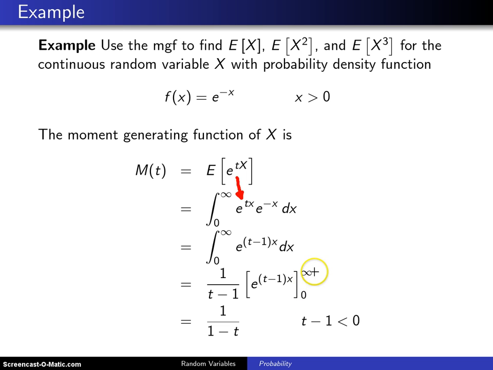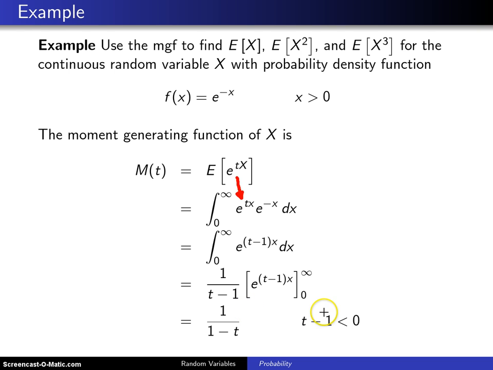When you plug in infinity and make this assumption, e to the minus some negative number times infinity will give you 0. And when you plug in 0, you get e to the 0, which is 1. So you get 0 minus 1, which is negative 1, and that negates this, so we get 1 over 1 minus t as the moment generating function.